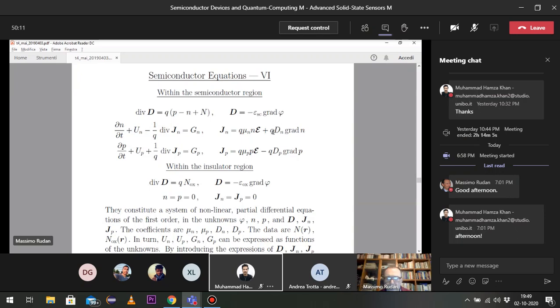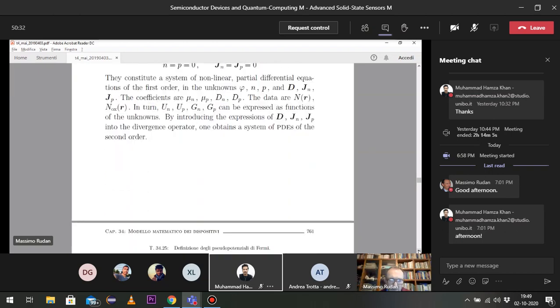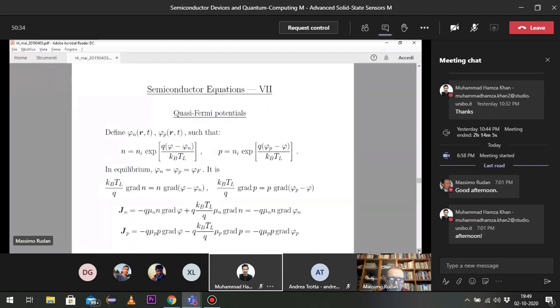You remember that the diffusion coefficient, D_n, is equal to the mobility, mu n, times kT over q. So we express D_n in this form, okay? So we have kT over q gradient of n, which is exactly the quantity that we have just calculated with the new definition, okay?